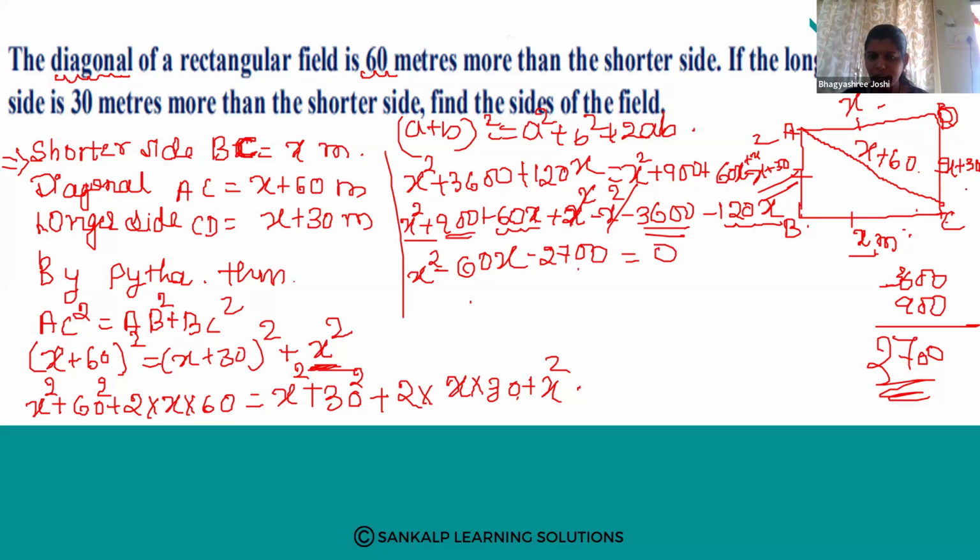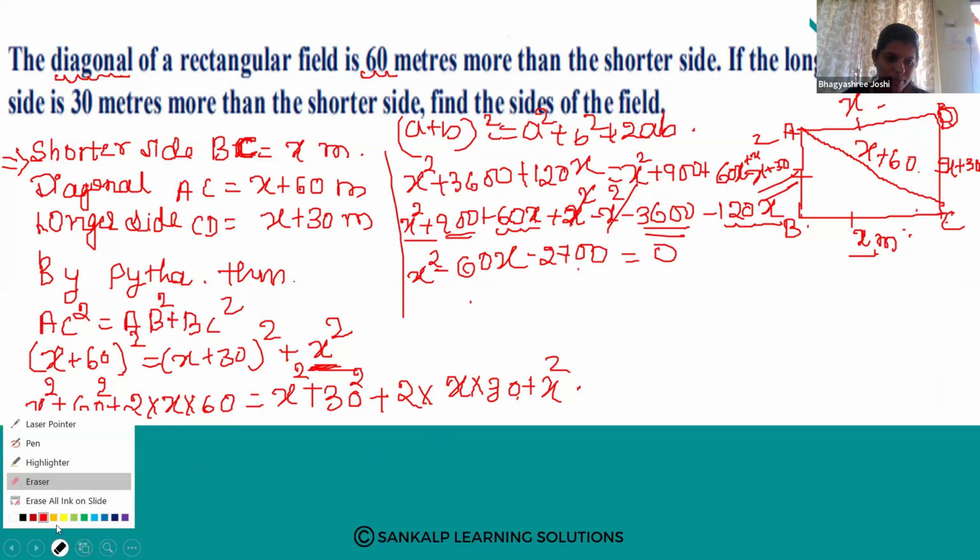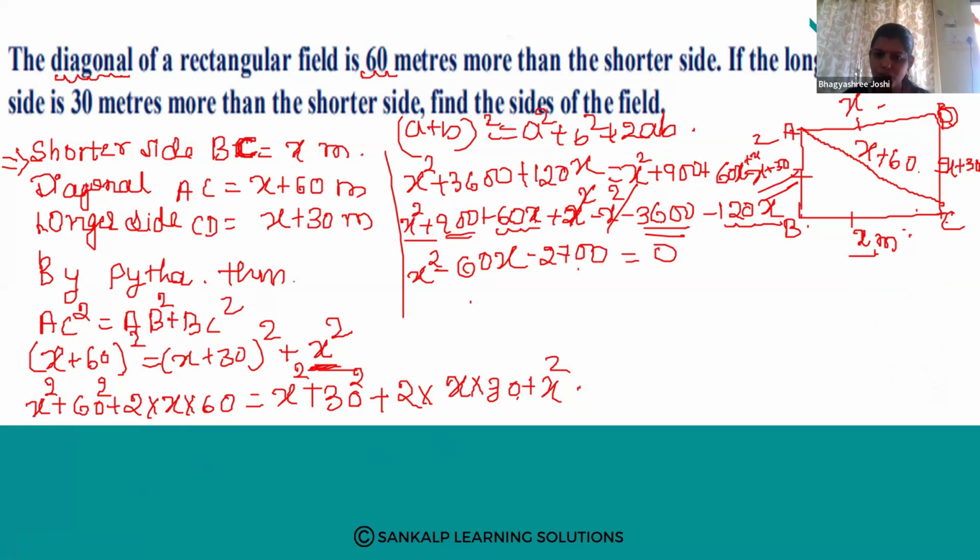Now by using the factorization method, we can find the two roots. See, a into c is 2700. A is 1, c is 2700. That means the product should be 2700 and the middle term should be 60.